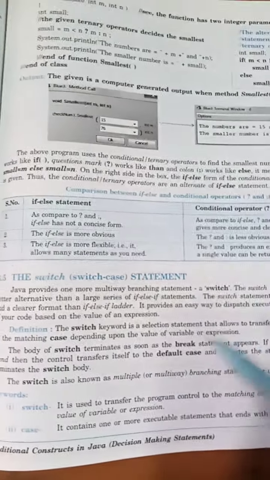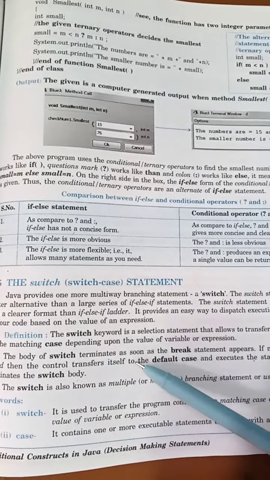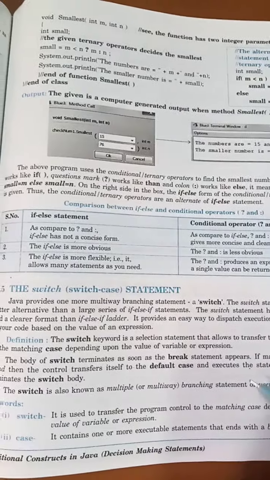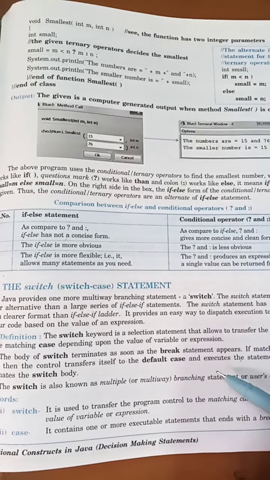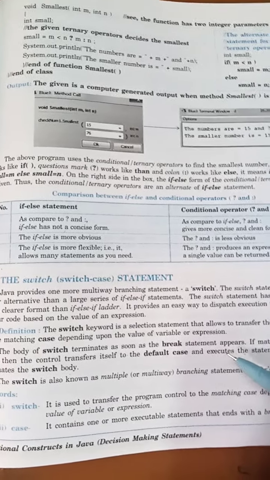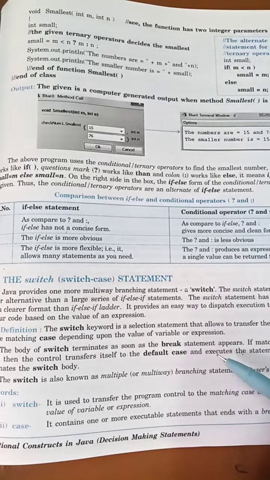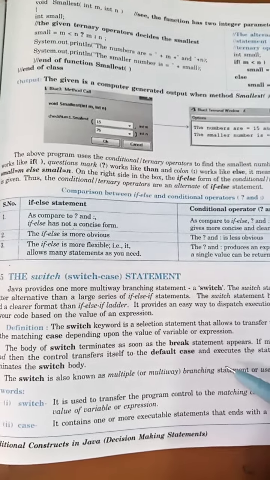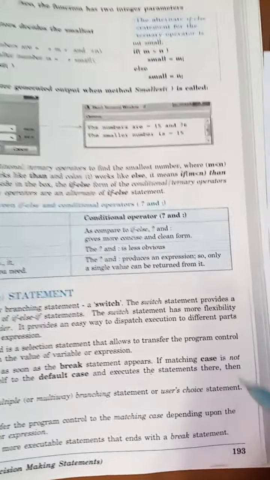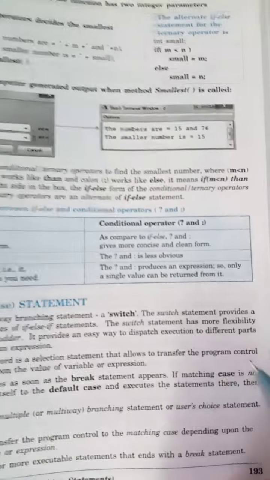The body of switch terminates as soon as the break statement appears. As soon as the break statement is encountered, the body of switch terminates then and there. No other case will be checked or matched.